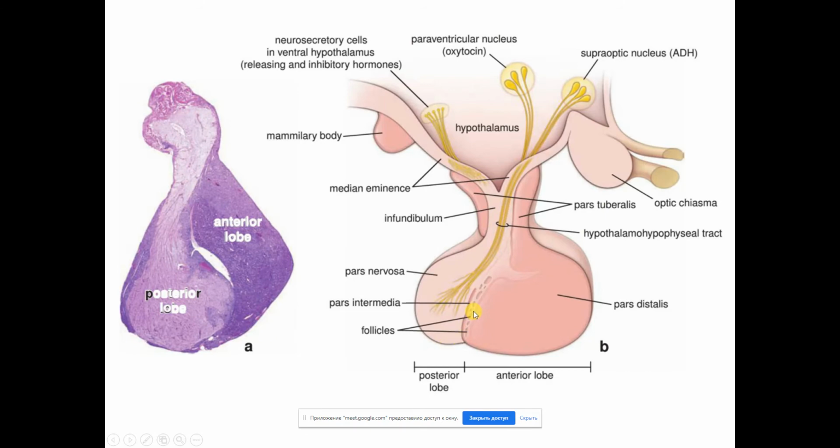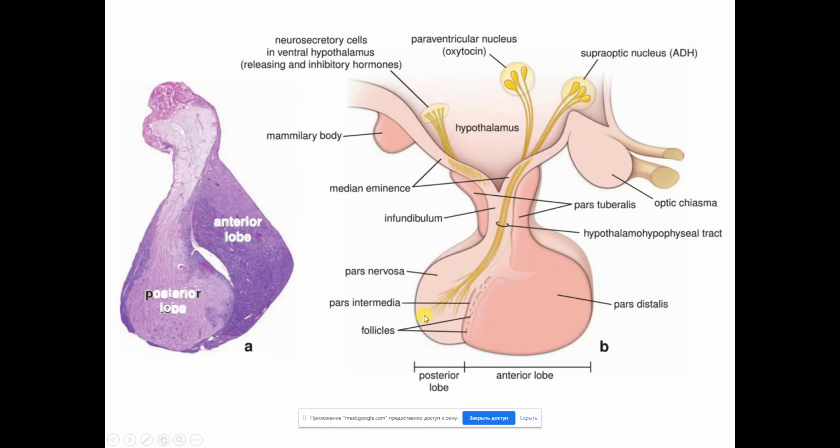Let's name it step by step. Adenohypophysis predominantly forms the pars distalis. A large portion of pars intermedia is made of adenohypophysis, and pars tuberalis is also made of adenohypophysis. You see, it envelops the nerves, the pars nervosa.